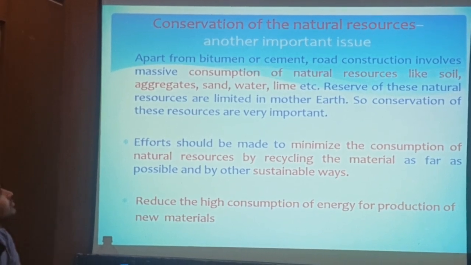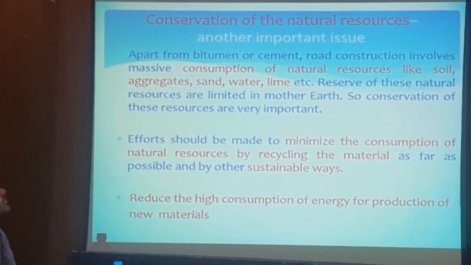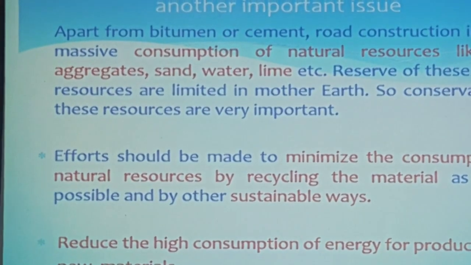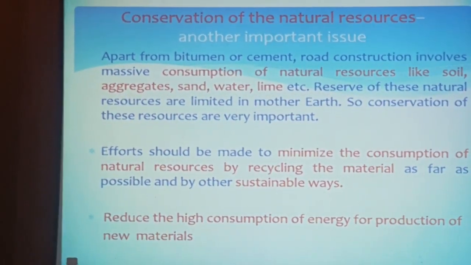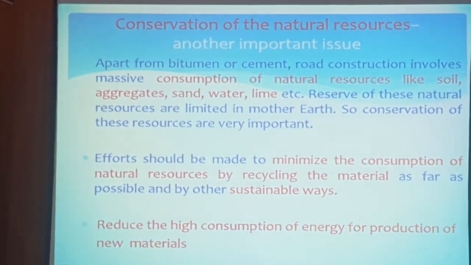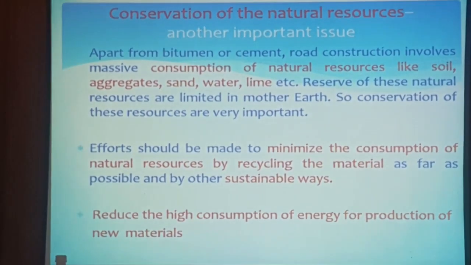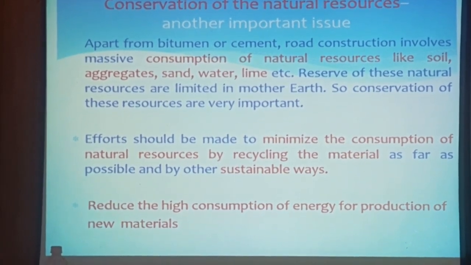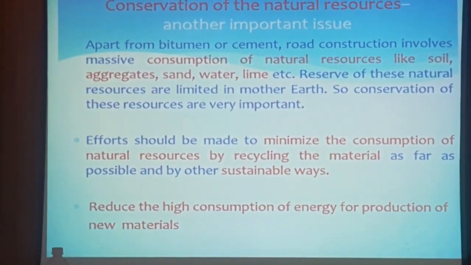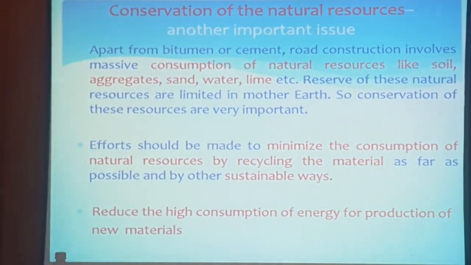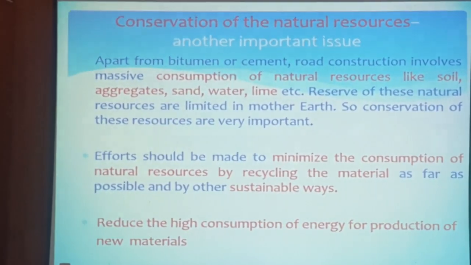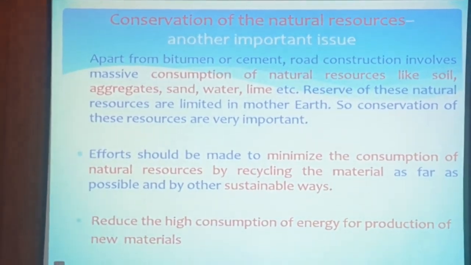I'm coming to the other point. Another aspect of environmental issues is the conservation of natural resources. Other than cement and bitumen, which are the two main binding materials, what else do you require for construction of the road? Like stone aggregates, sand, water, lime, soil, many other resources.